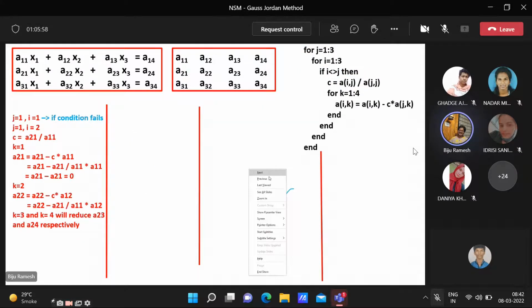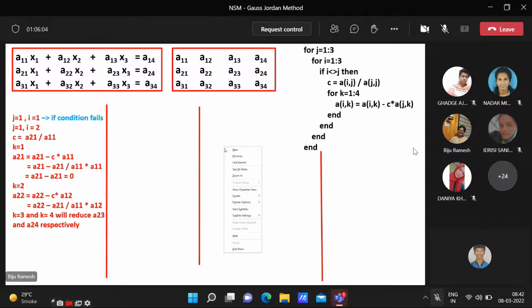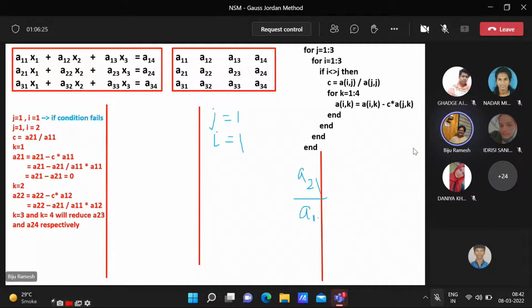Oh, I have written it, I thought i is outside. Okay, sorry. Usually we write i outside, so that is why. So j is equal to 1 and i is equal to 1, and we have the constant as A21 divided by A11. I'm sorry, I wrote i outside and j inside.